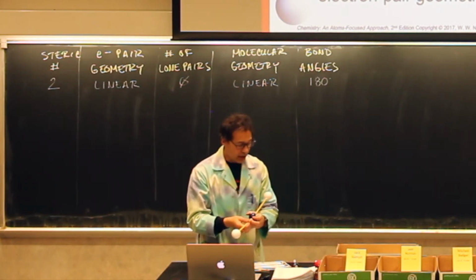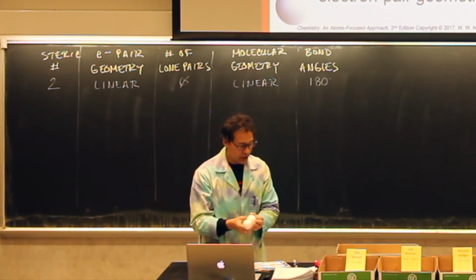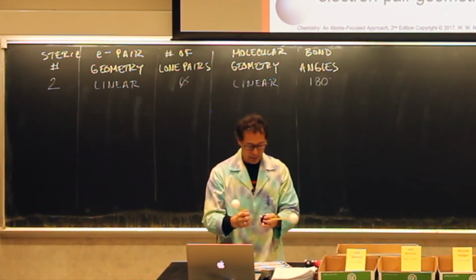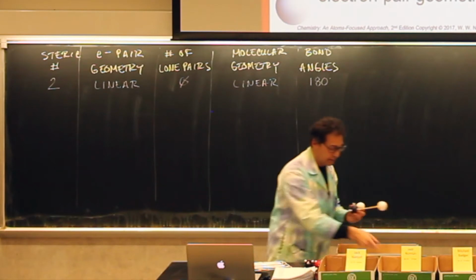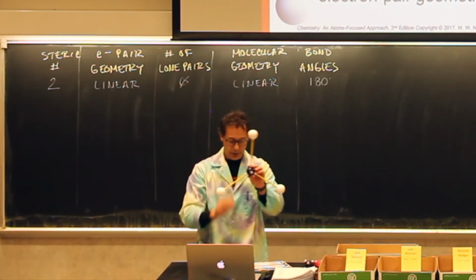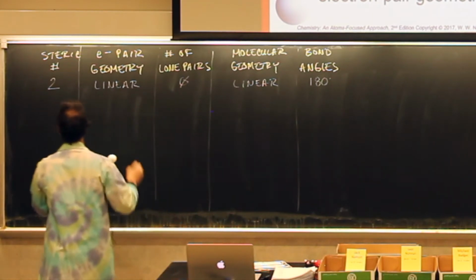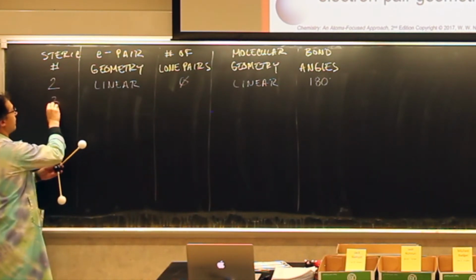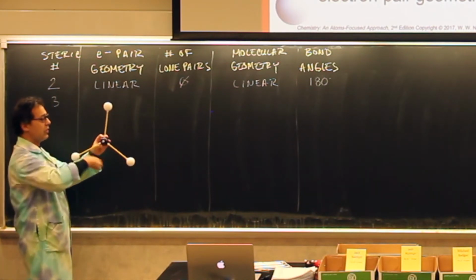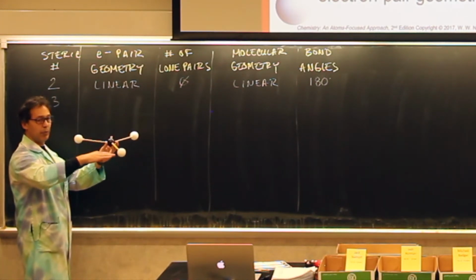Now we're going to move on here and get into something a little fancier. We're going to have a steric number here of 3. There are 3 things attached to the central atom. Our electron pair geometry, we would say there's 3 things here and it's all on the same plane.